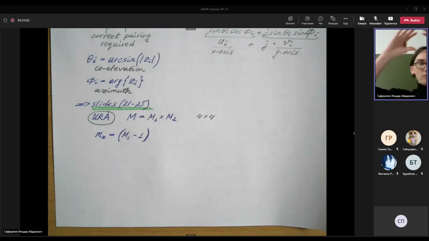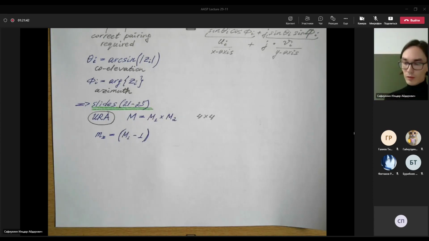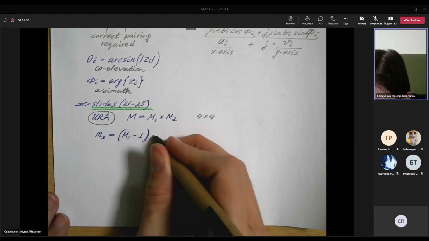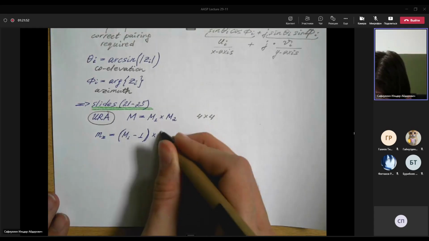And we also choose all these, let's say, rows. If we look to our slides, rows of the array elements, which is in the y-axis. So we need to multiply this thing with m2.